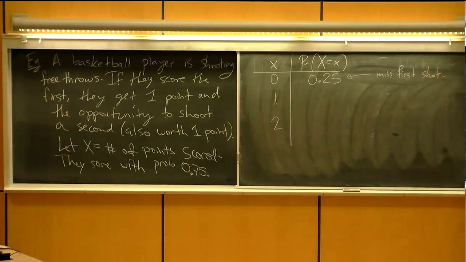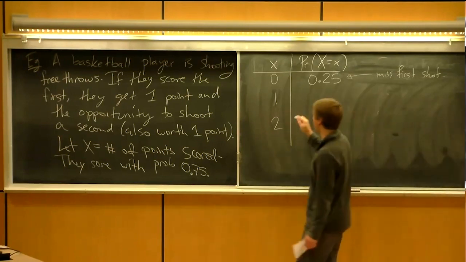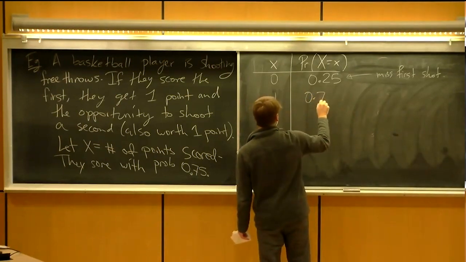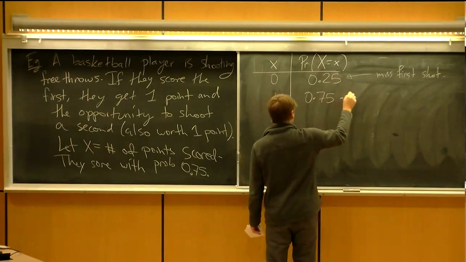What about the probability of getting 1 point? Yeah, right, because how can you get 1 point? There's only one way to do it. You got to score, but then you got to miss.